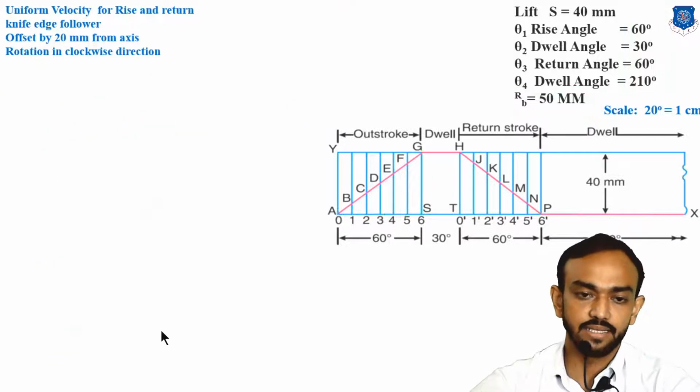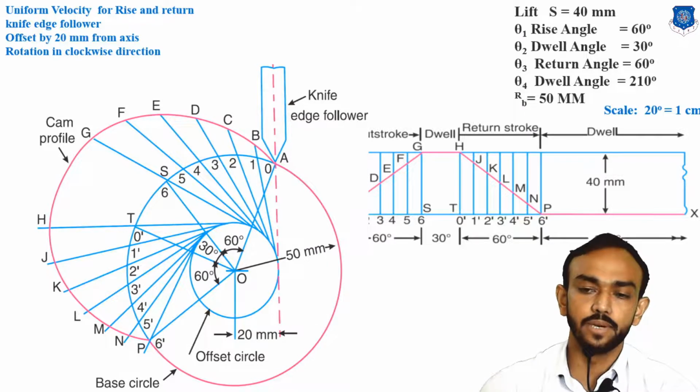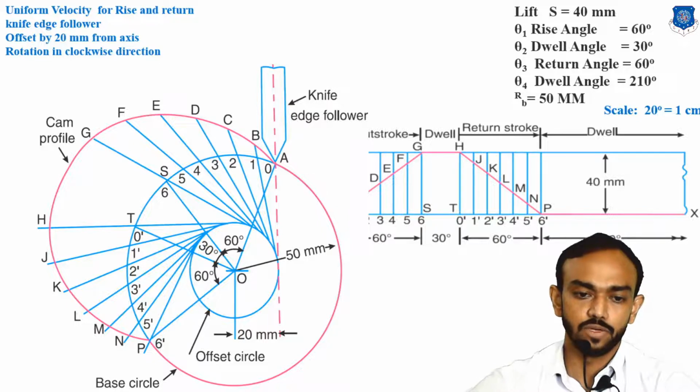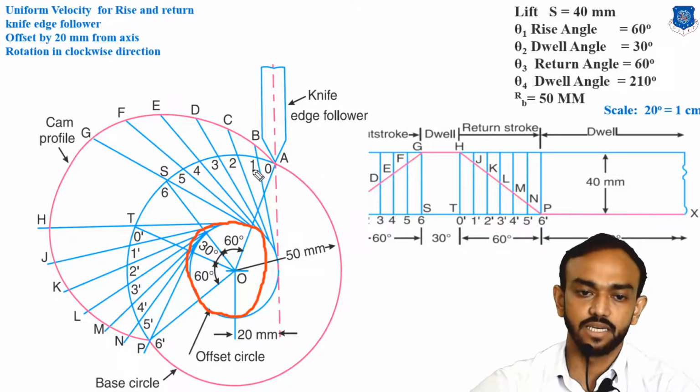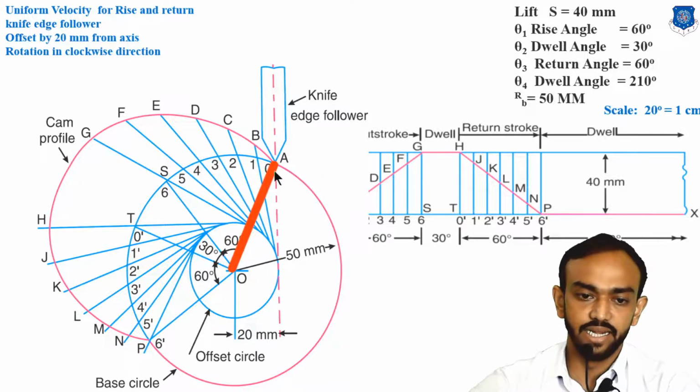Let's check this, and that's how you will complete it. I am revising it again. First of all, make this circle here. The first circle is the offset circle, and this is the base circle. Make the horizontal line, then the vertical line, and connect this line with the center, and it is your reference.